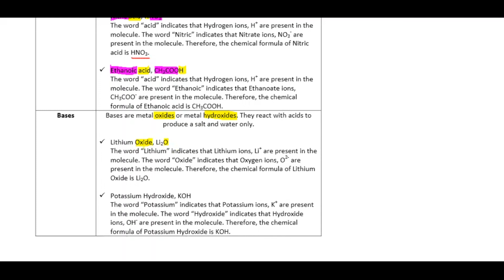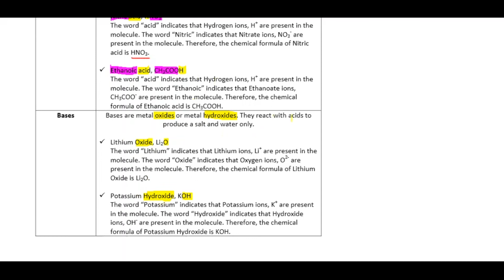Therefore it is an oxide, therefore it is a base, right? And for example, potassium hydroxide, over here it has hydroxide, which is an OH minus ion, therefore it contains a hydroxide ion, so it is also a base, right?